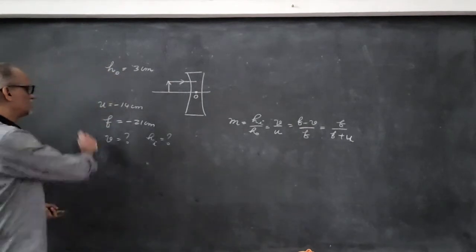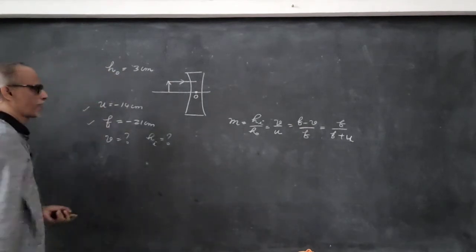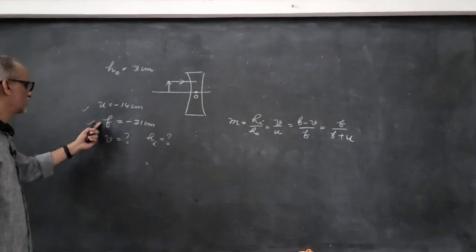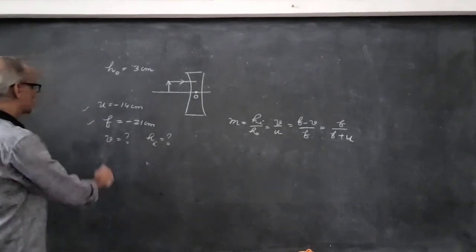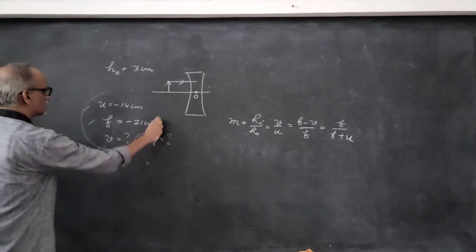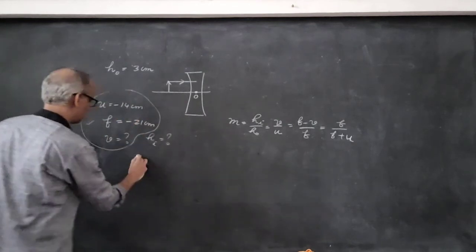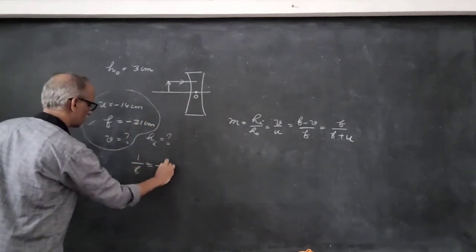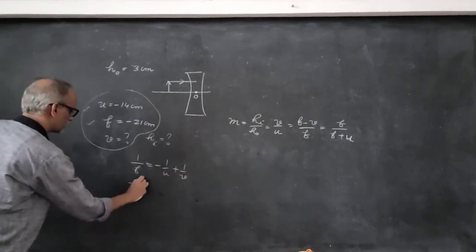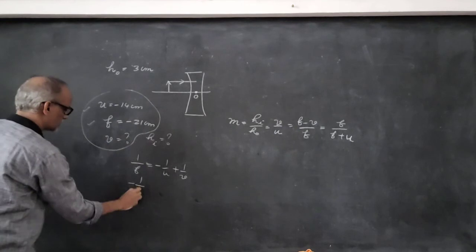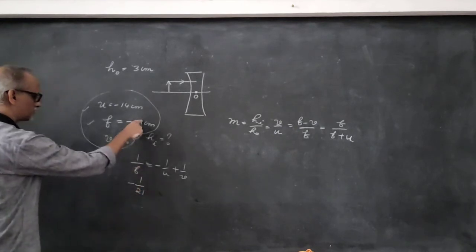Now, here u and f are given. So, from that we can find the value of v. To find v, I can use the lens formula: 1 by f is equal to minus 1 by u plus 1 by v. Here 1 by f is minus 1 by 21.